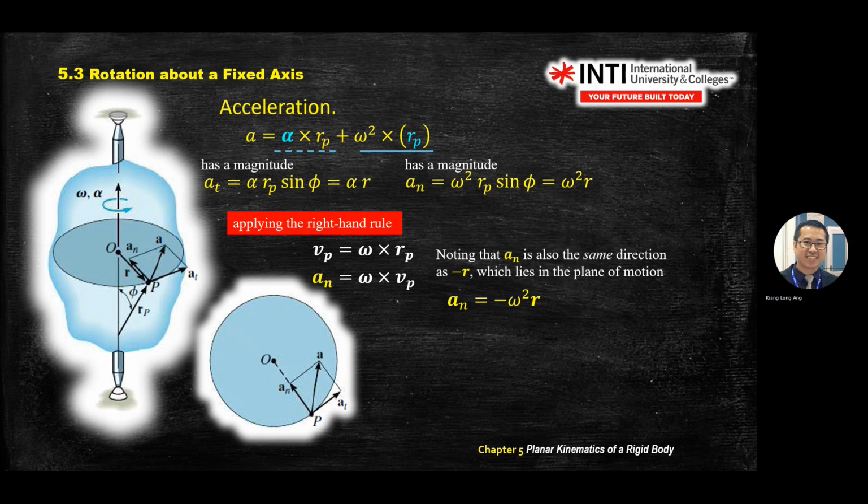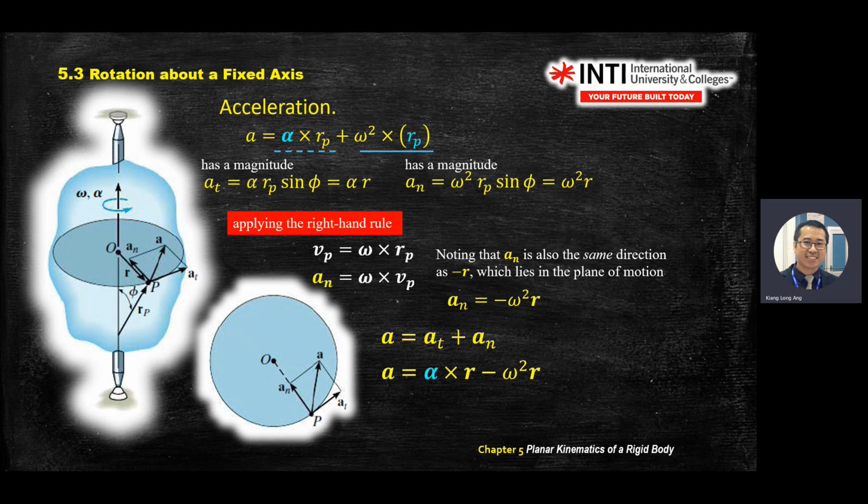Your r vector is negative. Your A_N and r is negative. So when you rewrite your equation, A_T equal to alpha cross r, but your A_N is negative.